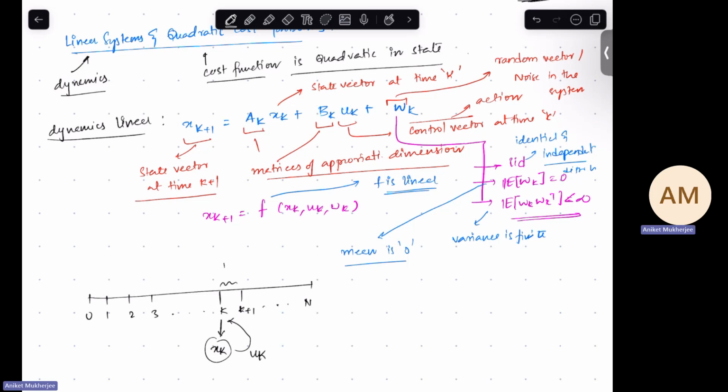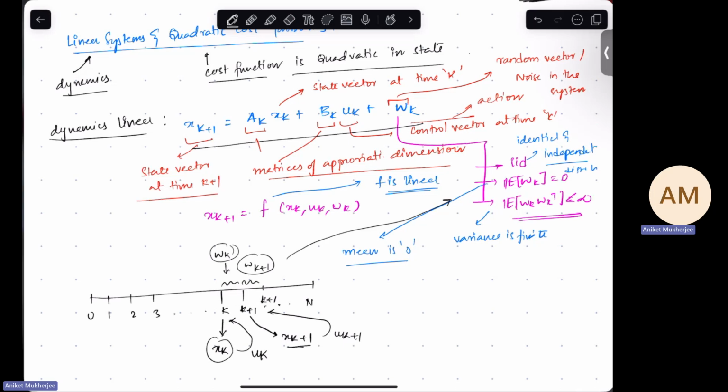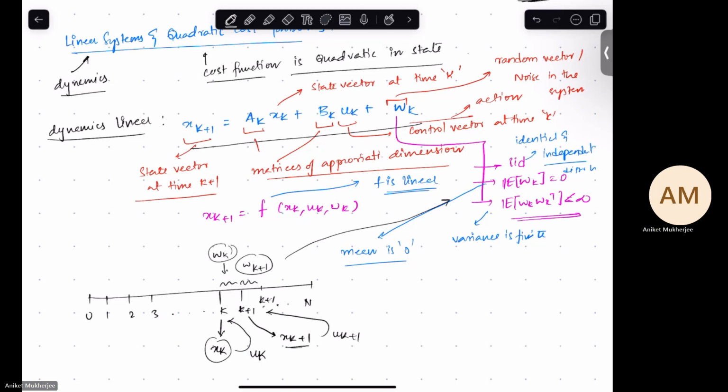Once you choose u_k, you're affected by noise w_k in the environment, which makes the transition to x_{k+1} based on this linear dynamics. Now at x_{k+1}, knowing x_{k+1}, you choose u_{k+1}. Then in the time interval k+1 to k+2, the system undergoes noise w_{k+1}. This w_{k+1} you don't know; you just know the statistics of w_{k+1}. Then you get a transition to x_{k+2}.